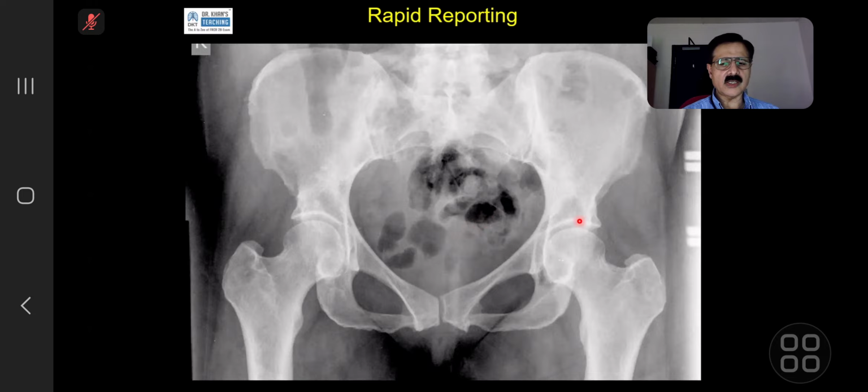If you see, you can look at this area, look at the trabeculae, then look at this one. It's a definite finding. It is a subtle finding, but definite. So this is the type of case for which you have to develop your eyes for the exam. I'll show you three, four like this today.